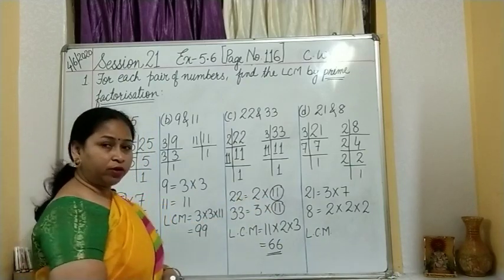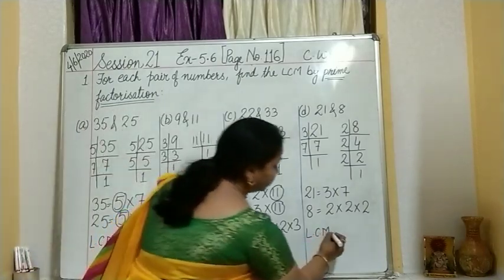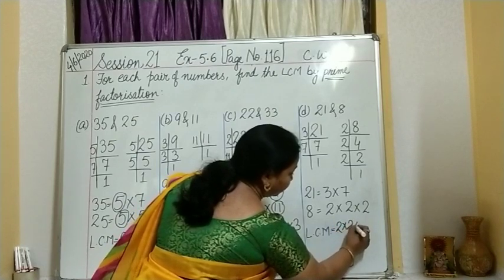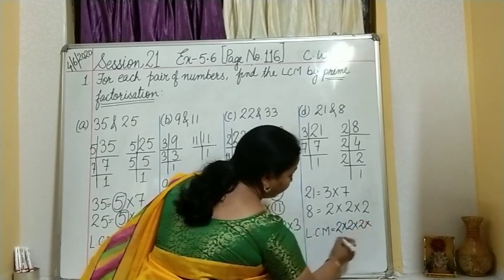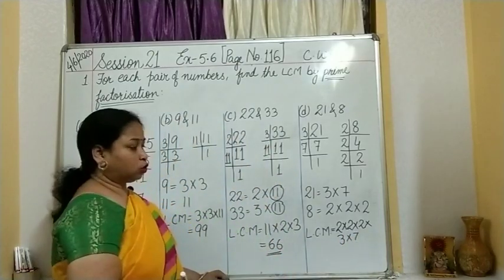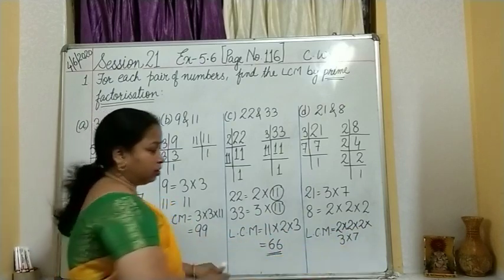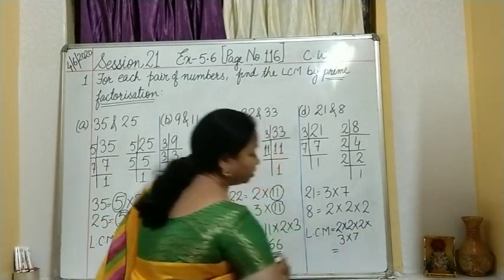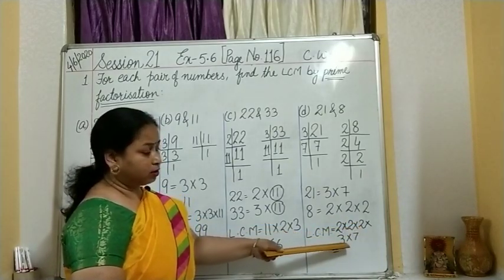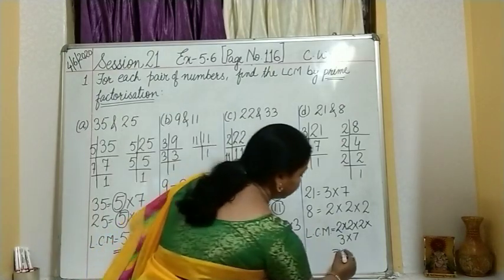No. So we will take down all the factors we have got and multiply them. So 2 multiplied by 2 multiplied by 2 multiplied by 3 multiplied by 7. 2 2s are 4, 4 2s are 8, and 3 7s are 21. So 21 multiplied by 8 will be 168.